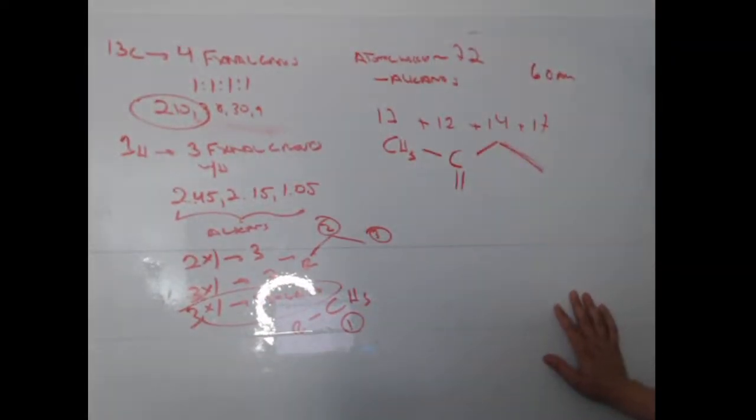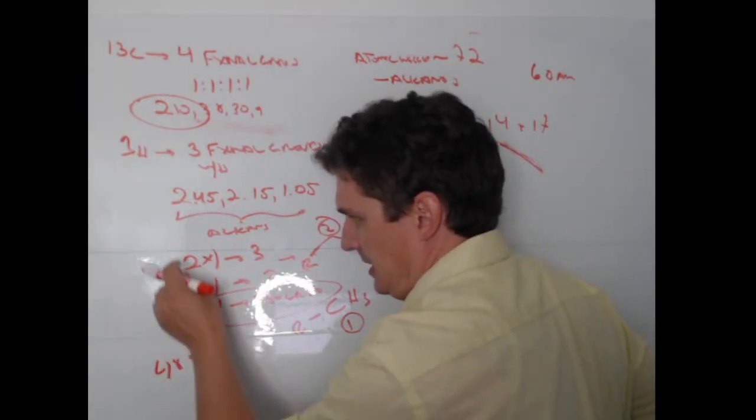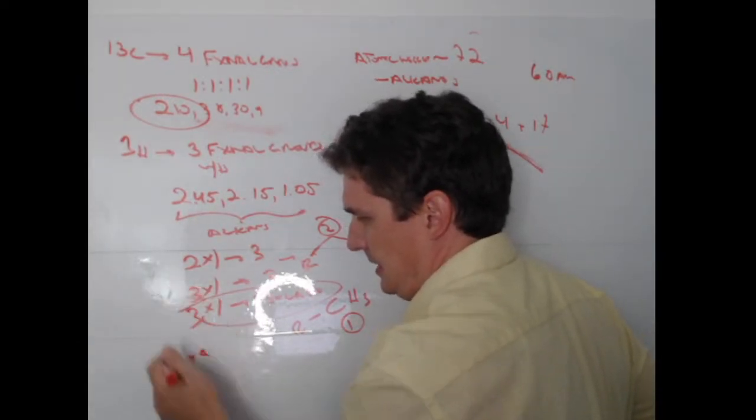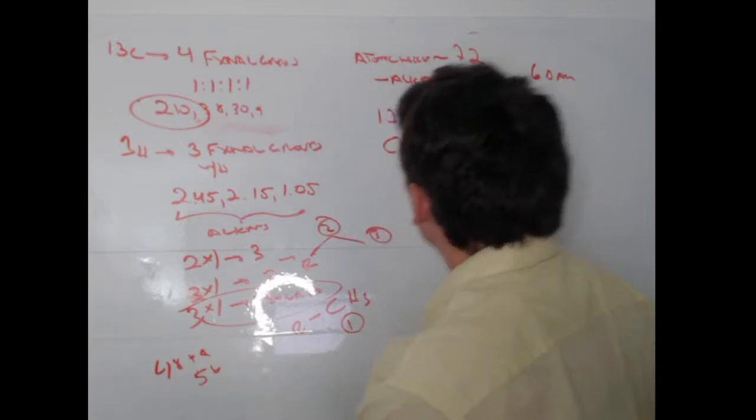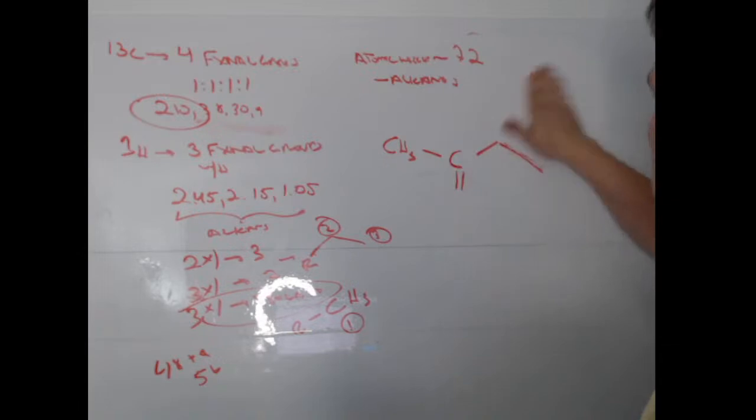So we have 4 carbons, weighs 70 AMUs, and so far we've got 48 plus the 8. 6, 8 should give me 56. Oh, I've had it wrong. That's my problem. So right now we're at 56.